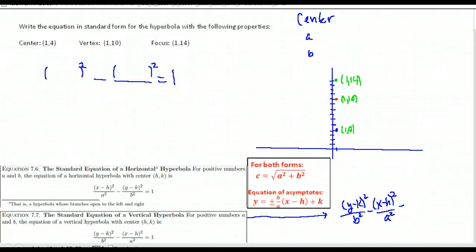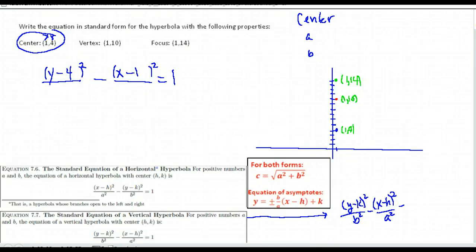Now this is vertical, so our y comes first in our equation and our x comes second. Okay, so we'll have y, and our center is at (1, 4). So we'd have y minus 4, since 4 is the y coordinate of our center, minus x minus 1, because 1 is the x coordinate of our center.